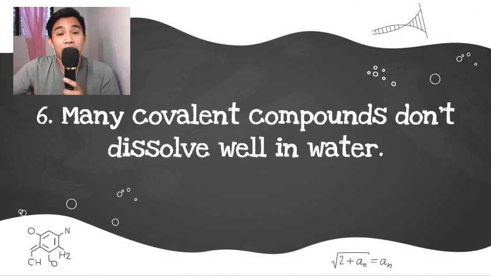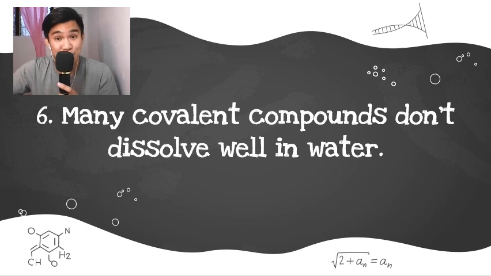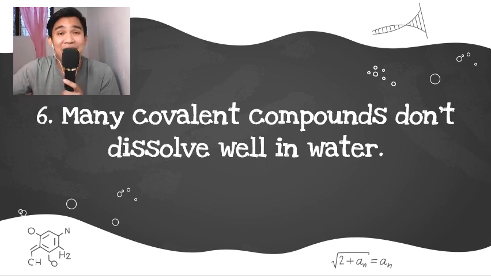Sixth property of covalent compounds is that many covalent compounds don't dissolve well in water. There are many exceptions to this rule, just as there are many salts, which are examples of ionic compounds, that don't dissolve well in water.